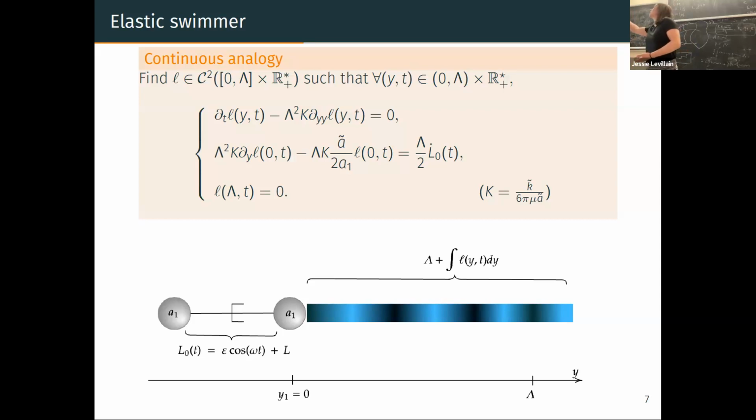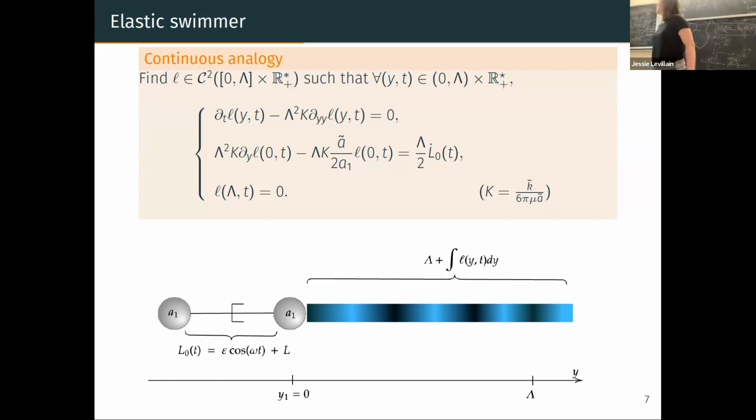What happens is we find this heat equation with a Fourier boundary condition on the left and a Dirichlet boundary condition on the right. We call this the elastic swimmer, or limit model, because the blue part is composed of an infinity of small spheres and small springs, and it's like an elastic that only retracts and expands in 1D.